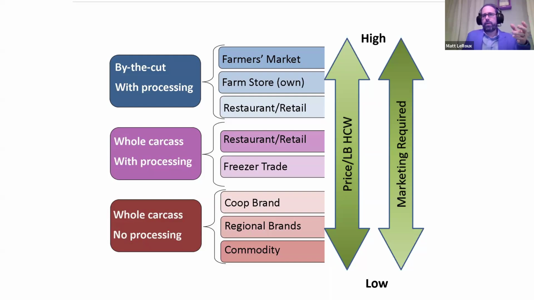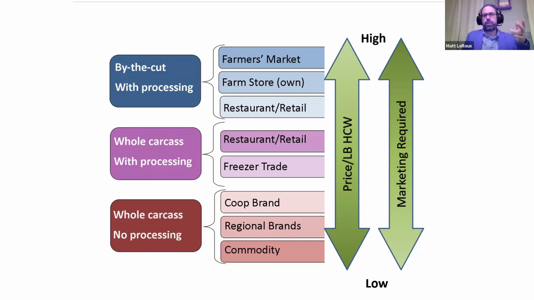So the amount of labor that it takes to sell in those channels at the bottom in red, the amount of marketing labor or marketing effort is very low, and so is the price. So that doesn't mean that any channel here is actually a good or a bad channel. They're all just different, right? Because as you move up into higher and higher prices, you're going to find that you need to exert more and more marketing effort.